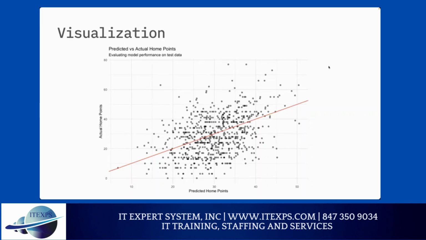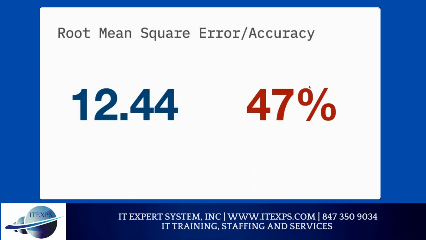Here's a plot of the actual home points versus the predicted home points for my predictions. You can't see it here. I have a couple of numbers in the next slide that will give you an idea of how accurate my model was. And that was 47% accurate. It wasn't great.